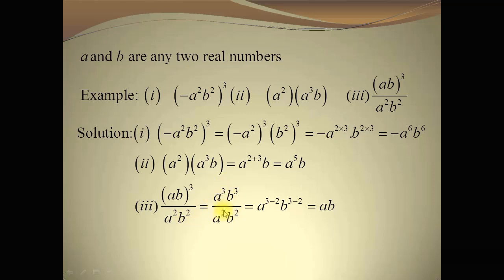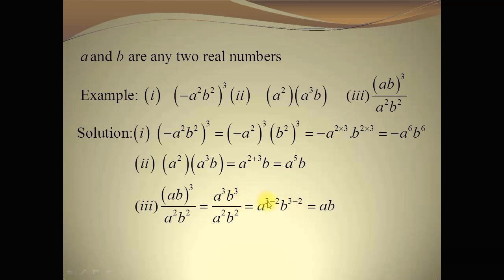Now in this quotient law, since the bases for a cube and a square are the same and the exponents are different, the base is kept the same and we subtract the powers. The same for b.